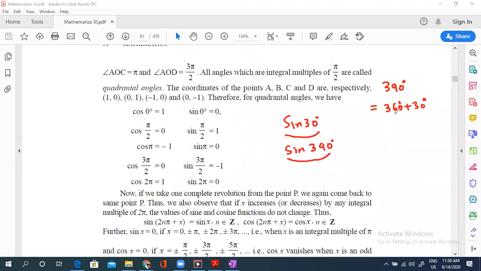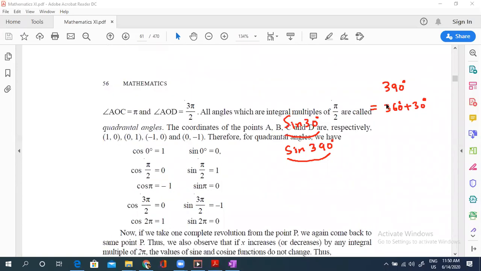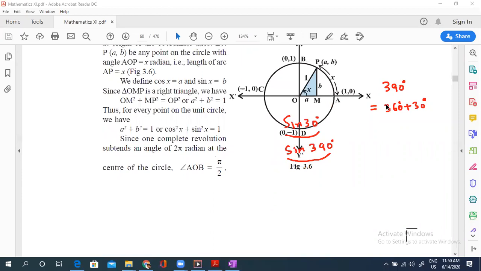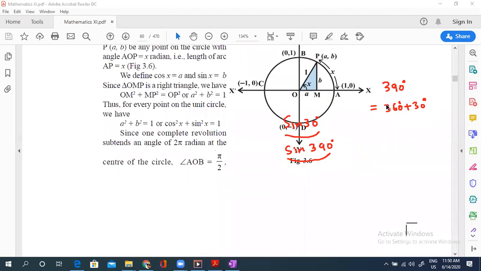Just see this. 390 is equal to 360 plus 30. And what is the meaning of 360? One complete rotation. Okay, so just see this. Suppose this point makes 30 degree.